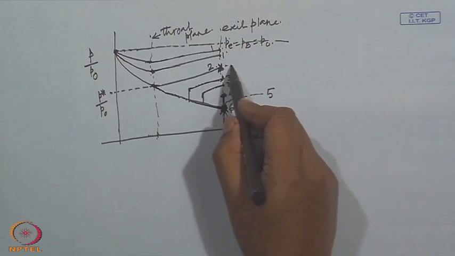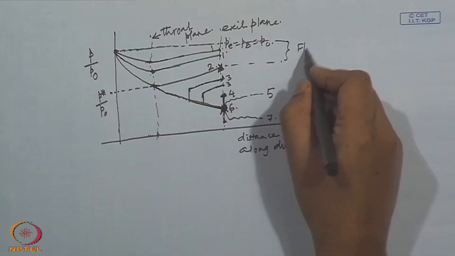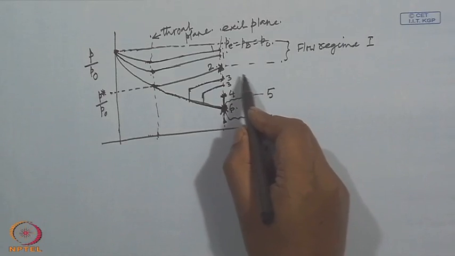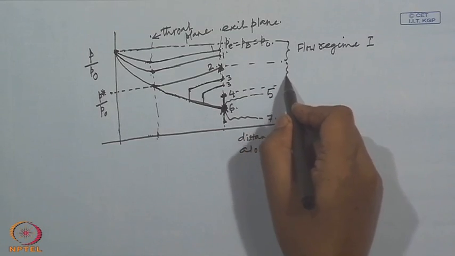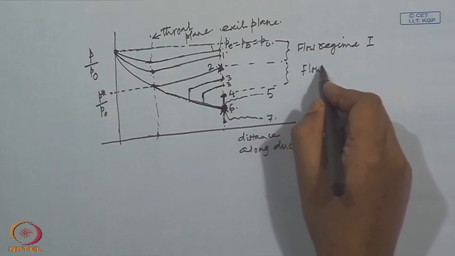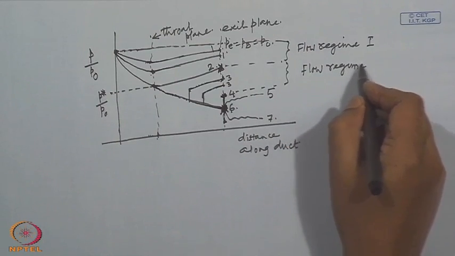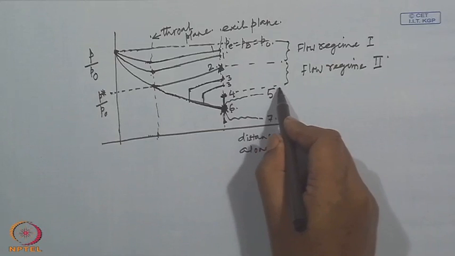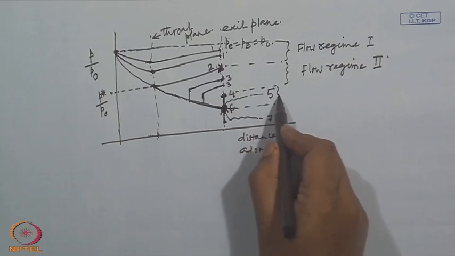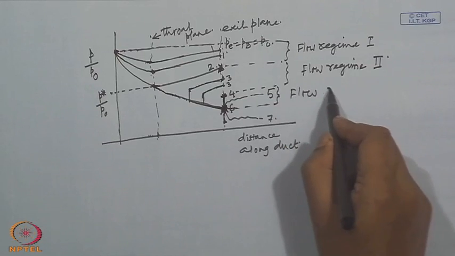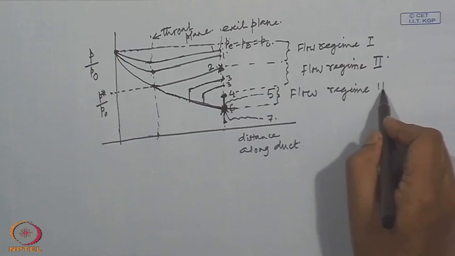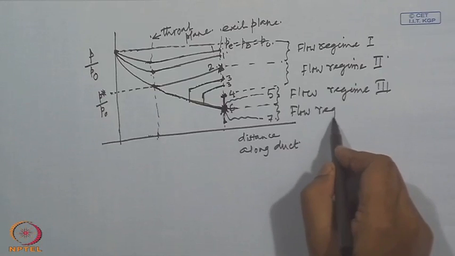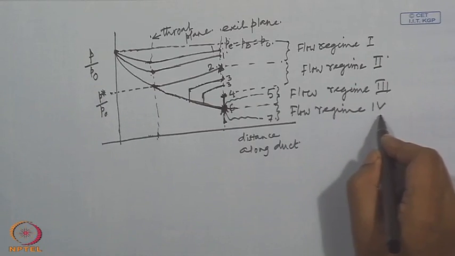Now, we will denote these as flow regime 1, flow regime 3, and this will be flow regime 4.